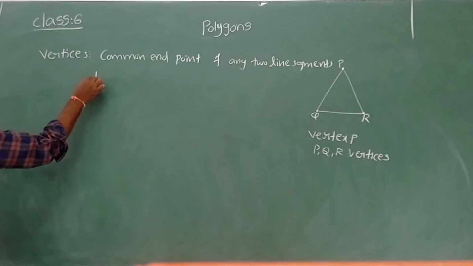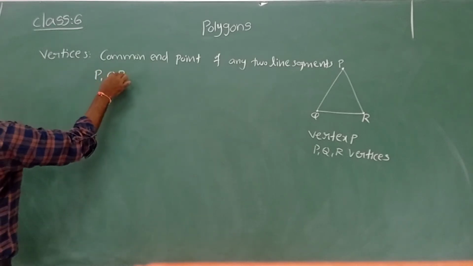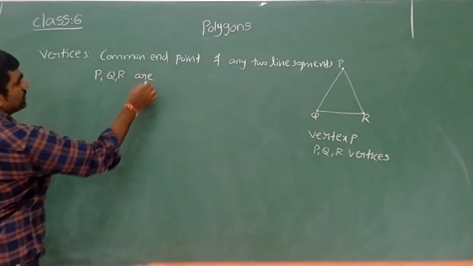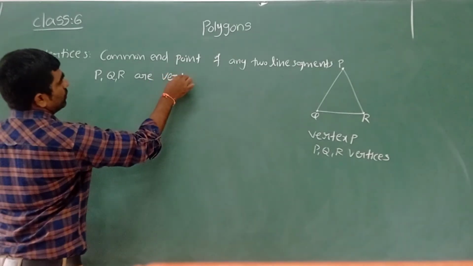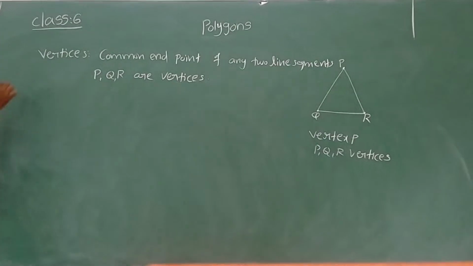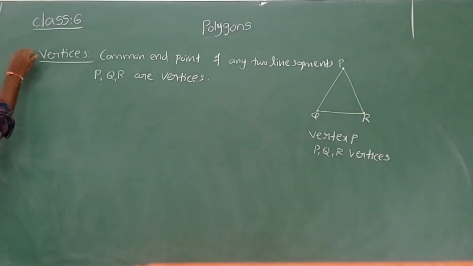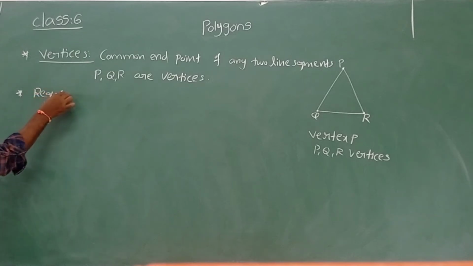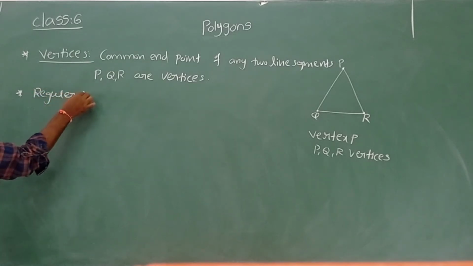From that figure we can say P, Q, R, these three are called vertices. Then after that, you should know what is meant by a regular polygon. What is meant by a regular polygon?